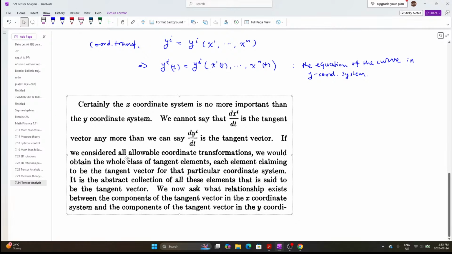If we consider all allowable coordinate transformations, we will obtain the whole class of tangent elements, each element claiming to be the tangent vector for that particular coordinate system. It is the abstract collection of all these elements that is said to be the tangent vector. So it's a very convoluted way to describe a vector.